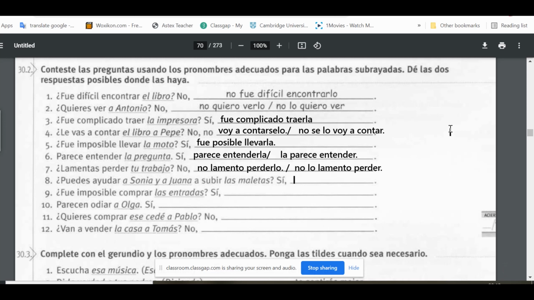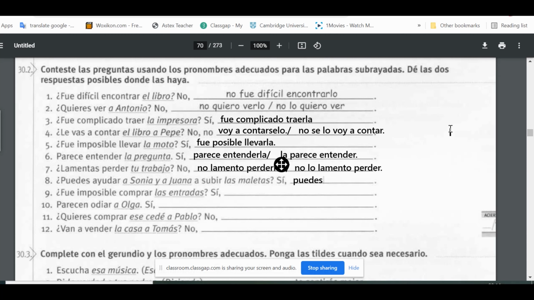Number 8. "Puedes ayudar a Sonia y a Juana a subir las maletas." Okay, so "a Sonia y a Juana" is one thing, and "subir las maletas" is another. So "puedes ayudar." It's only the underlined thing, okay?